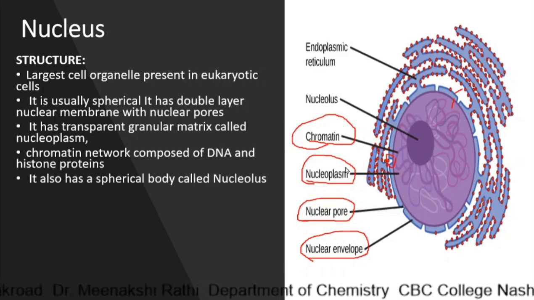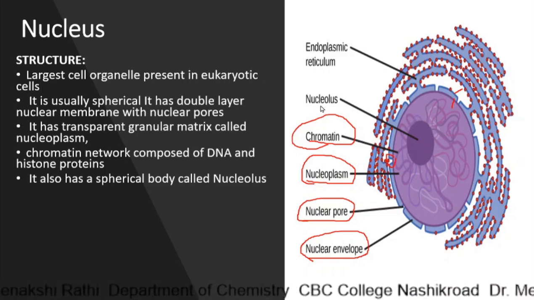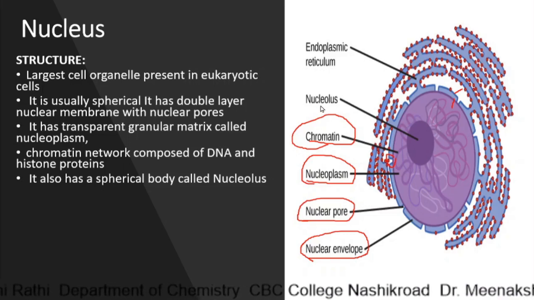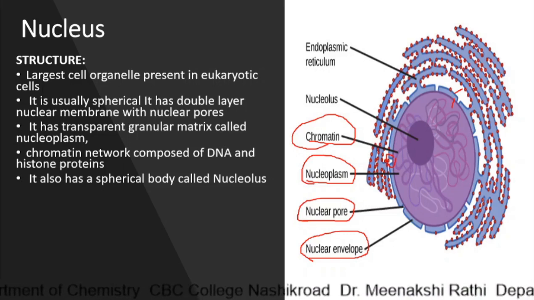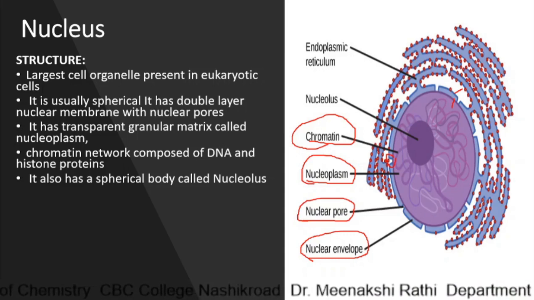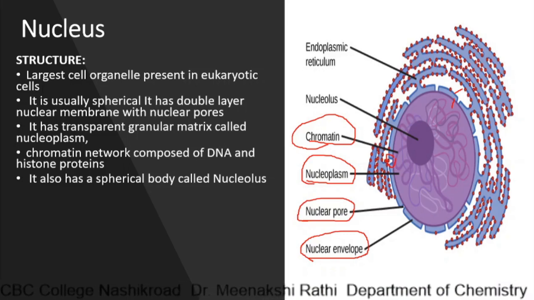Now, it also has a spherical body which is called the nucleolus. It is rich in RNA, particularly ribosomal RNA, which enters the cytosol through the nuclear pores.